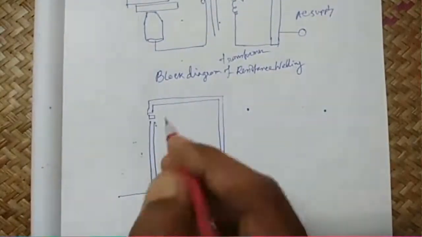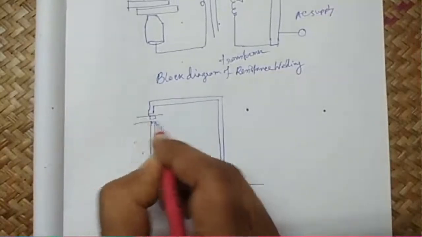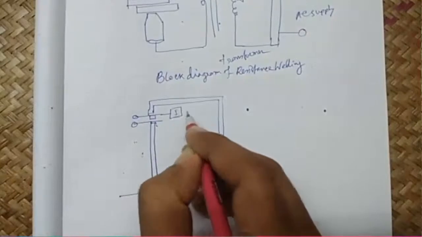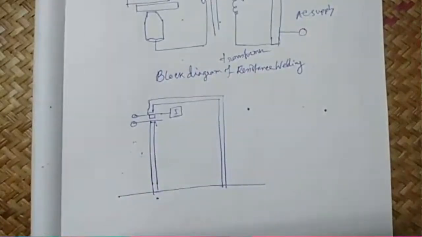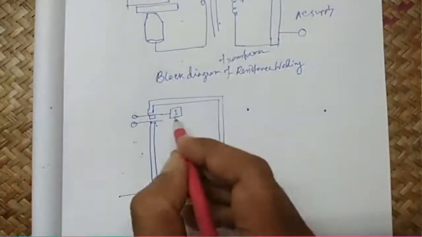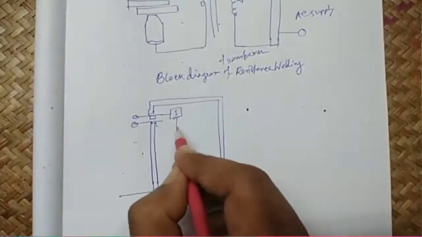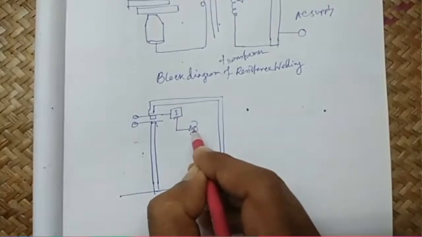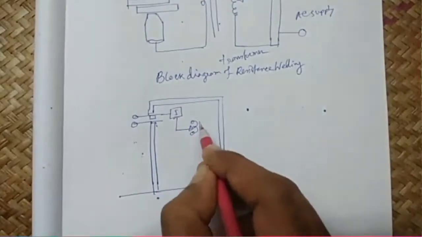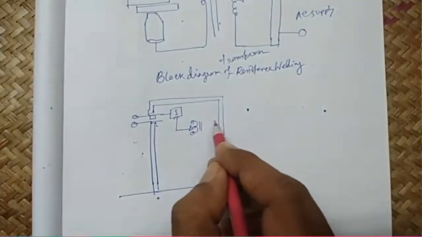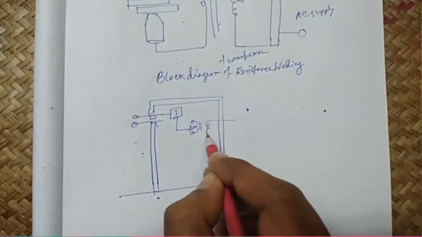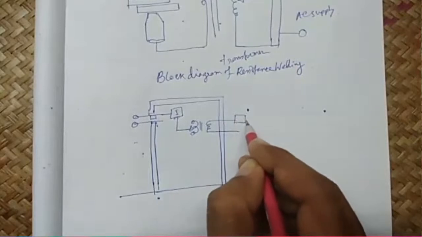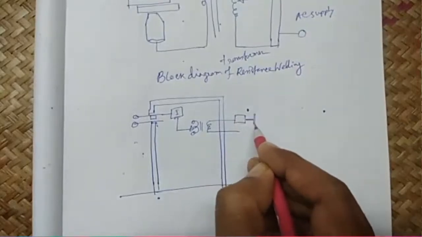There is a strong manifold. Here are two terminals. One goes to the current control system, and it goes to the transformer. And this secondary circuit is connected to different electrodes.